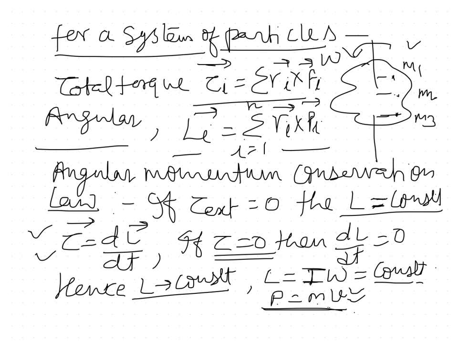And if we apply the angular momentum conservation law for two different situations, then we can write I1 omega1 equal to I2 omega2. That means that if the moment of inertia of the object decreases, then its angular speed will increase in the absence of external torque. So in this way we can represent this angular momentum conservation law.